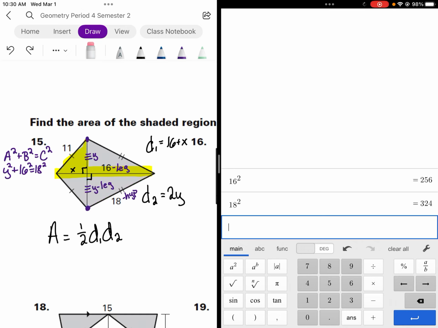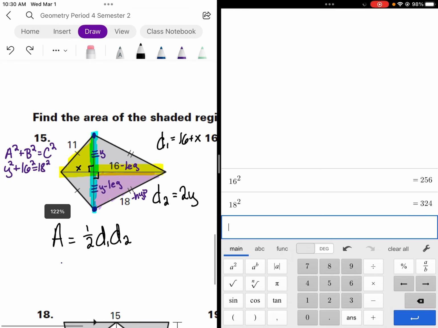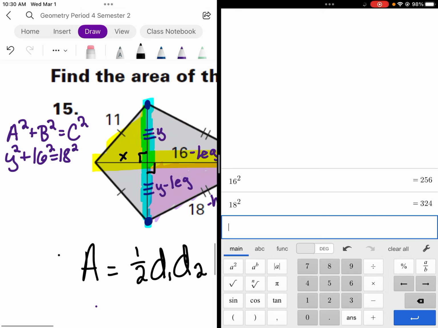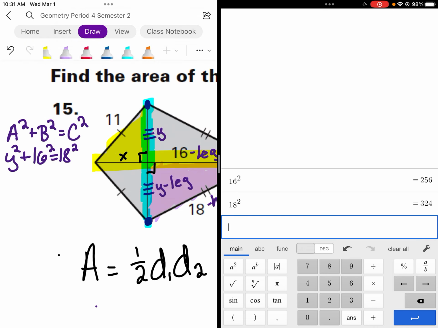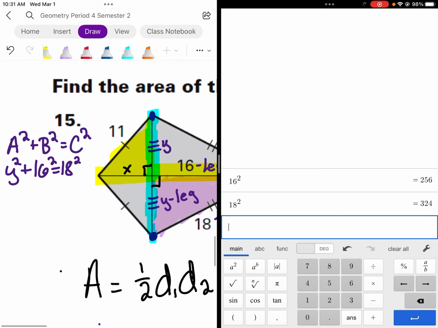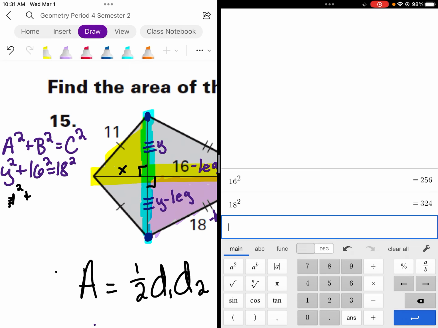Oh no, I'm erasing stuff. Sorry. Okay. So let me just turn off my drawing mode. It's on Draw with Touch. There we go. Why is it not letting me write? So sorry.